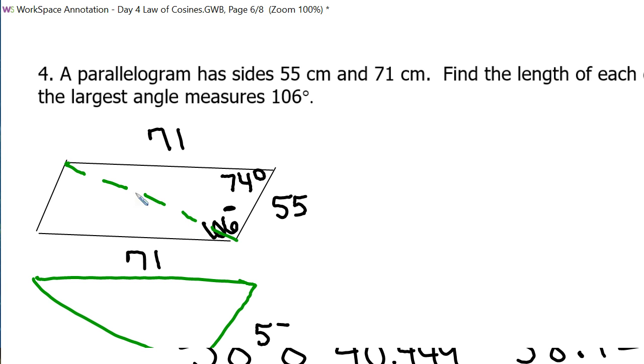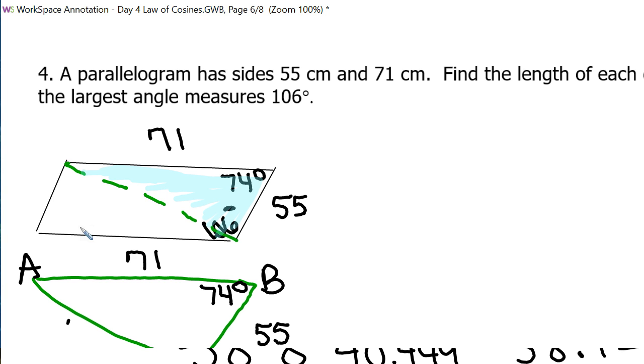This angle, top right, is 74 degrees. I'm going to call this triangle A, B, C. So what we're needing to solve for is side B. Side B is that diagonal.